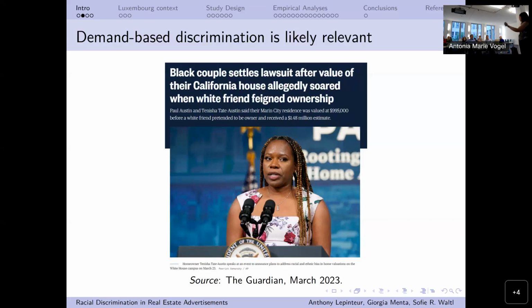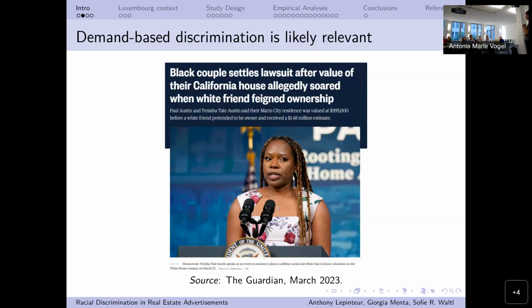Then they removed all signs of being Black from the house. So they removed all the family photos, whatever, asked white friends to act as if they were the owners of this house, and then asked another real estate appraiser to come to the house and appraise again, and achieved much higher prices just because they pretended they were white.